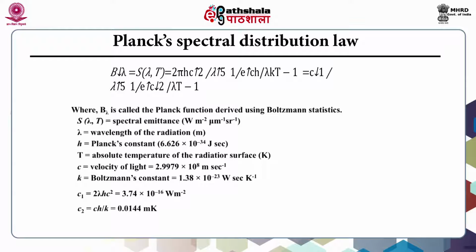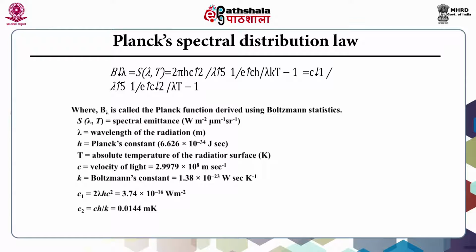S lambda T is the spectral emittance, which is expressed as watt per meter square per micrometer per steradian. Lambda is the wavelength of the radiation and the unit is meter. H is the Planck's constant, which is equal to 6.626 multiplied by 10 to the power minus 34 joule second.